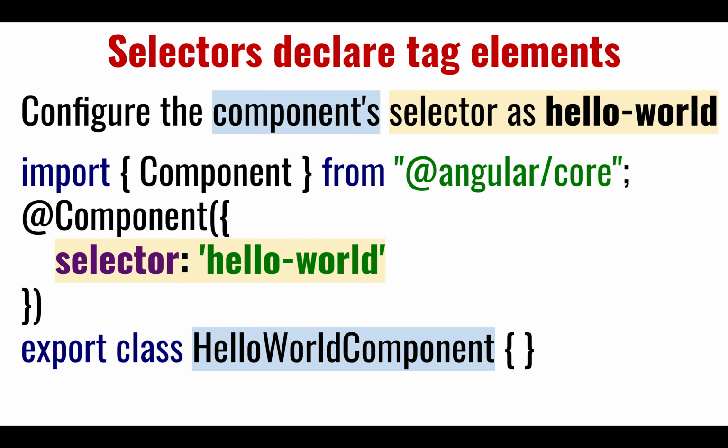Now the component annotation allows you to do a couple of things. One of the things it allows you to do is declare how this component is going to be referred to in the DOM, in the HTML. Now in React, it's a one-to-one mapping. The name of the class is already the HTML that you're going to use to refer to it.